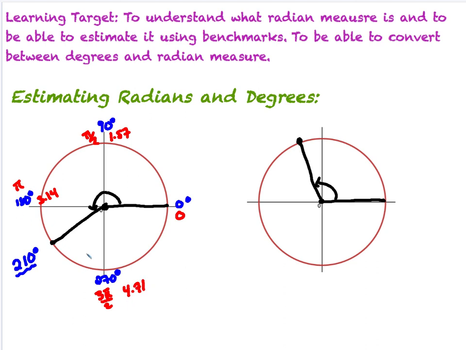So you could look at this and say, all right, I need something that's between 3 pi over 2 and pi. Or probably most of you would look at it and say, okay, if that's 3.14 and this is 4.7, I don't know, this might be like 3.5 radians or something like that, right? So you could literally say something like 3.5. Again, we're just estimating here. We're just playing around. But I just want to show you how you can use the benchmarks to get an idea where things are at, right?